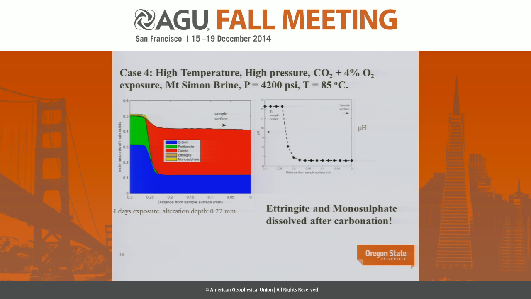Also, the pH of the system is going down to the level of 4, and as is seen in the figure, these small amounts of solid minerals are completely dissolved after carbon starts coming in. So in the numerical work, we didn't see any amount of secondary minerals.